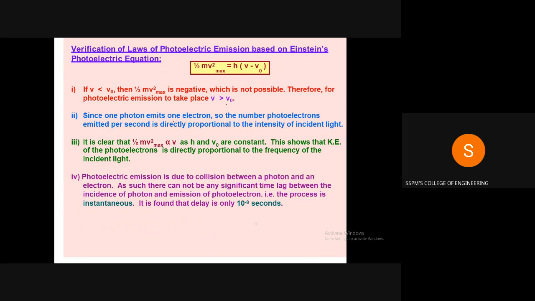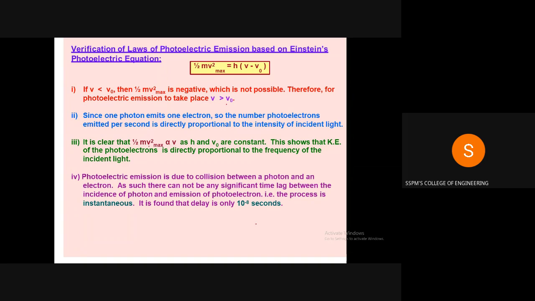Since one photon emits one electron, the number of photoelectrons emitted per second is directly proportional to the intensity of incident light. For a single photon we get ejection of a single electron; for n photons we get a large number of photoelectrons. It is clear that half mv square maximum is directly proportional to nu. It's nu, not v.